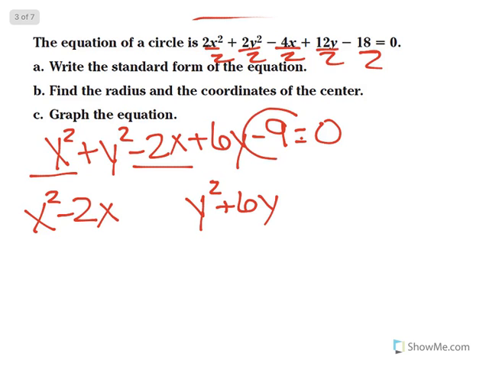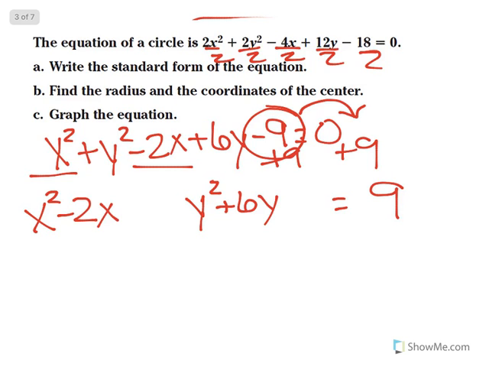Now this -9, I know that ultimately I am going to want to get it out of the way so that I can complete the square. So I'm going to add it. If I add it here and I add it here, I'm going to end up with 9 on that side.